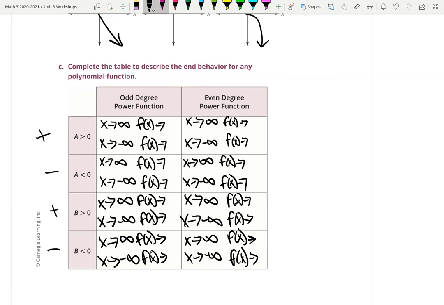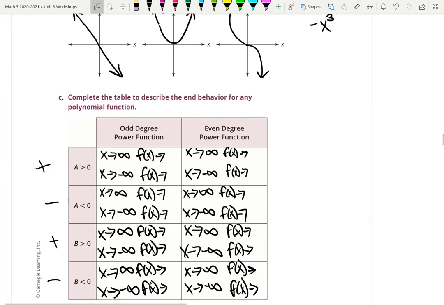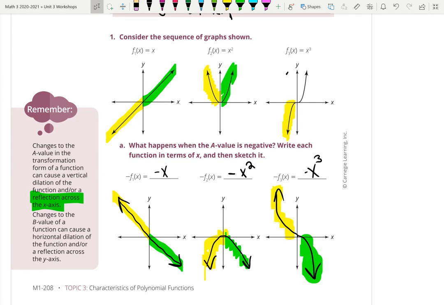Let's use a color to help stand out. For the first one, when it is a positive value, x goes to positive infinity for an odd degree function. So let's look at the odds. Here's an odd one, and here is an odd one. When it is a positive number, like here, a is equal to positive 1.